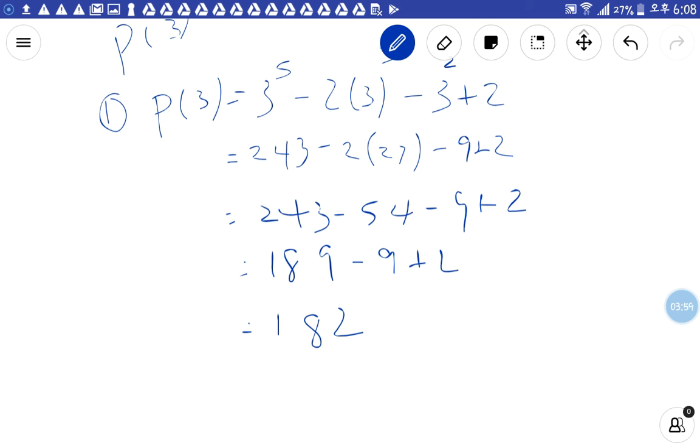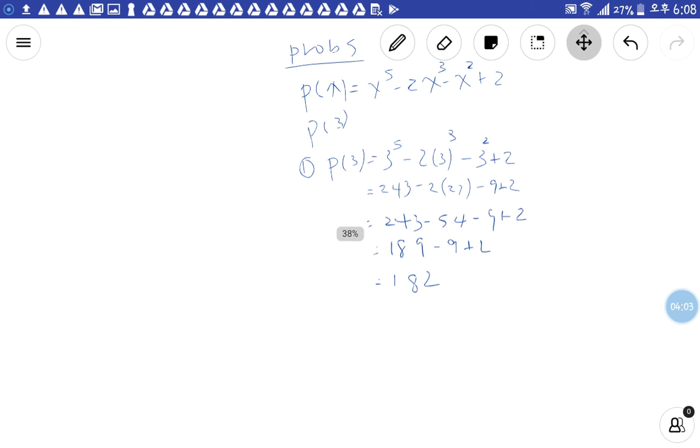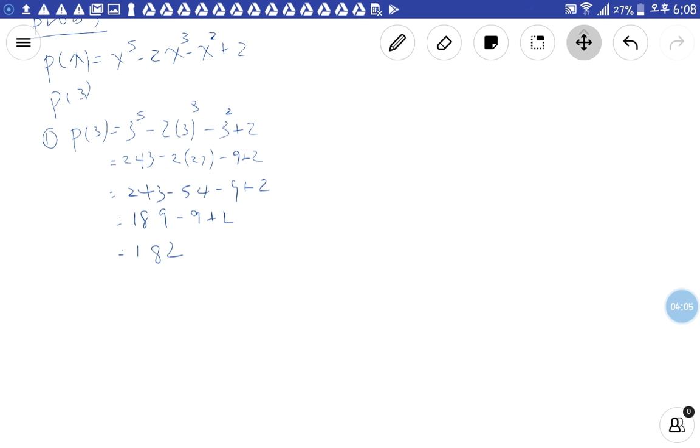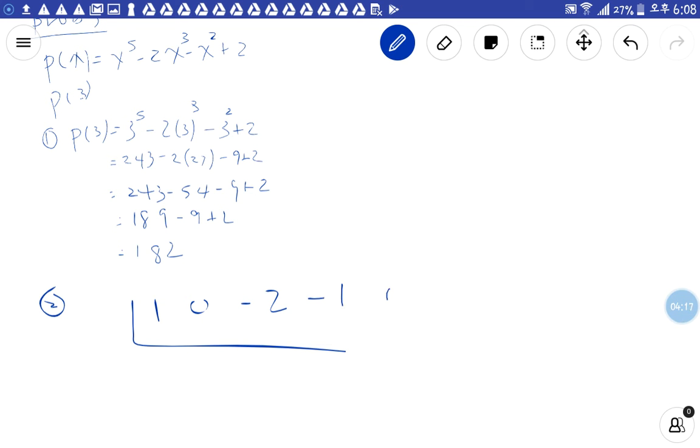That's my first way. Second way, you can do the synthetic division if you want to by using 3. Okay, synthetic division. You do 1, and then the 4th power missing, cubed, x squared, x is missing, and 2.